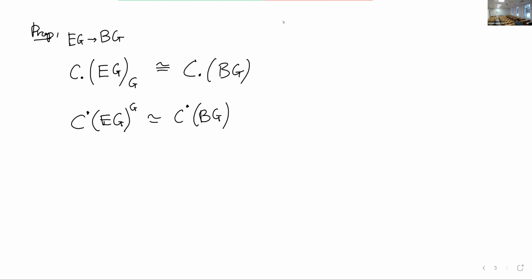If this is true, it's pretty straightforward to check. And then, once we have a model for EG and take invariants and co-invariants, we get chains, respectively co-chains, of BG.